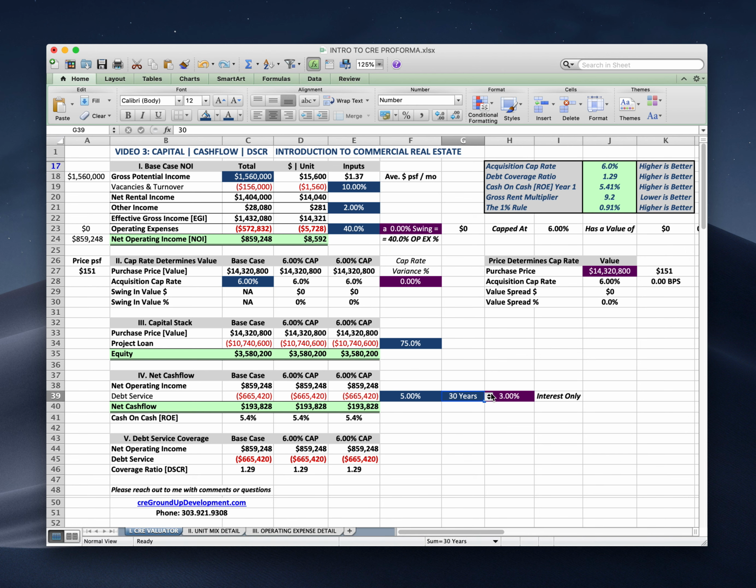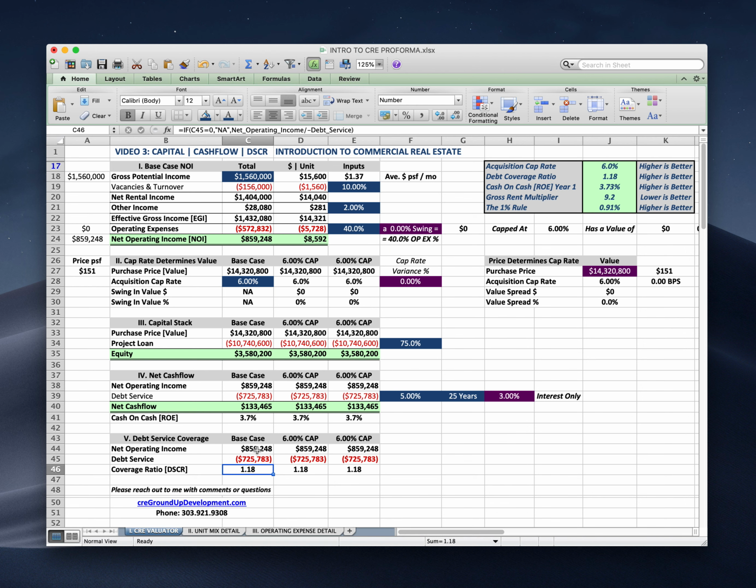The other variable that has to do with debt service coverage ratios and payments is the term of the loan. The shorter the period of time that you have, the more principal that you have to retire because of that shorter term, and with it, the higher your loan payment is, so the lower your debt service coverage ratio is.